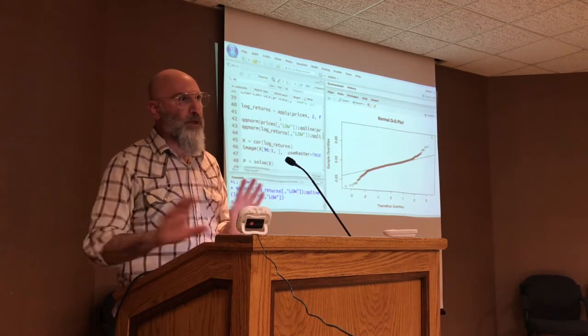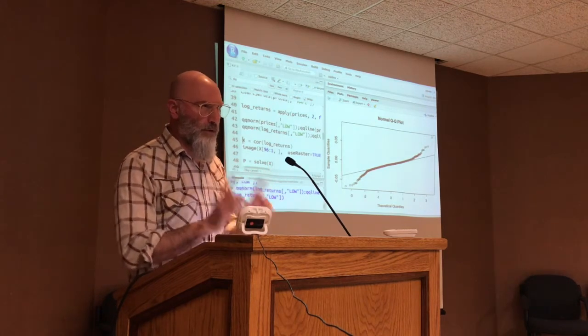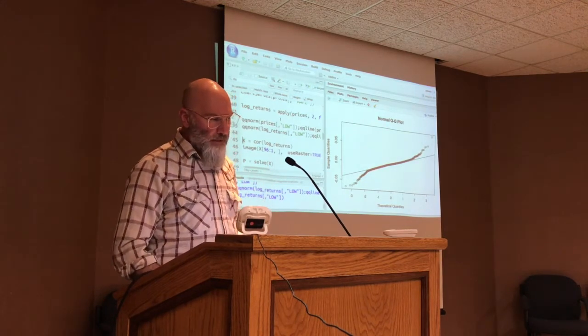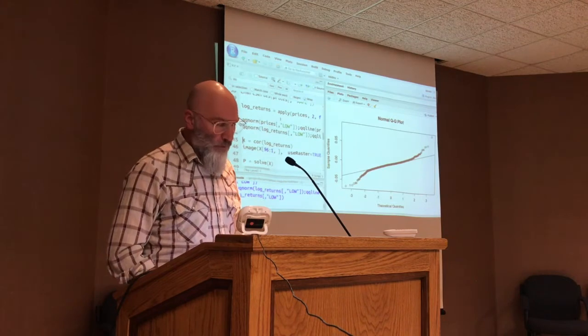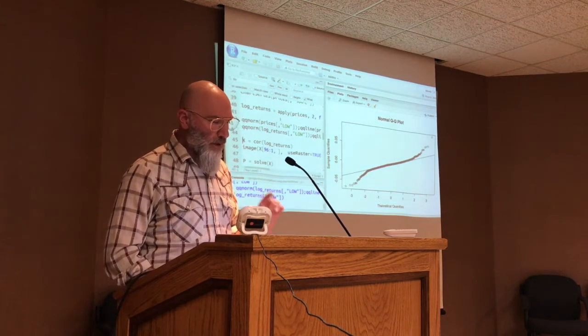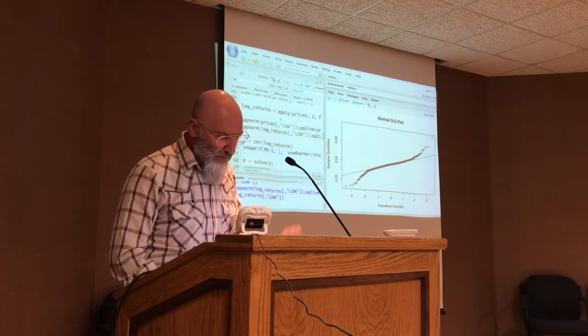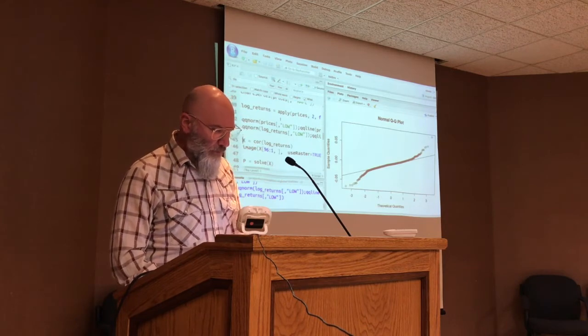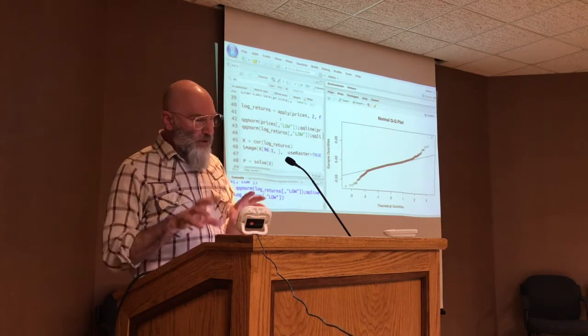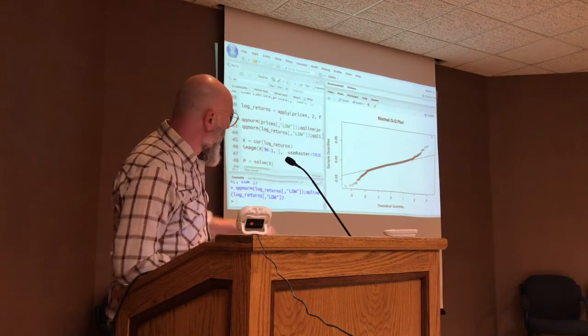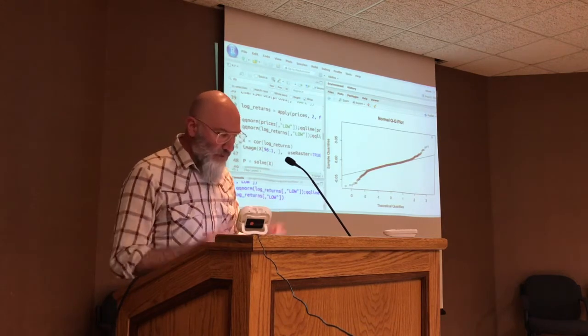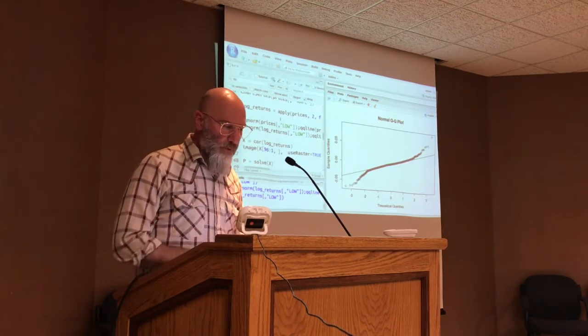You're going to try and remove the influence of these other factors and just look at those two alone. And the Wikipedia page on partial correlation is really one of the better ones, a really nicely written page, and there are other nice references to it. So one of the reasons for me going into this log returns is that it allows us to use this simple technique called partial correlation.